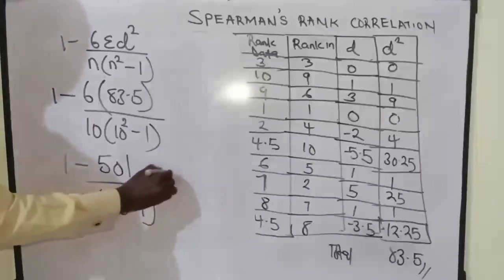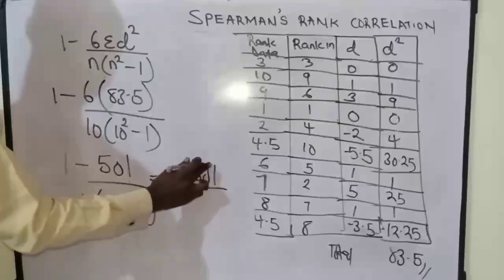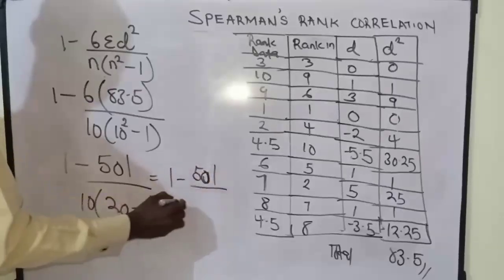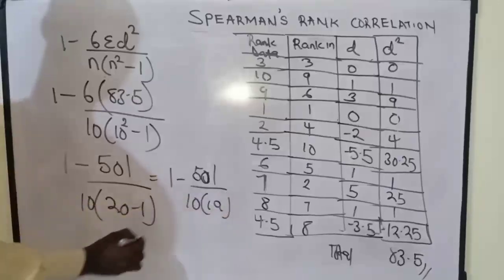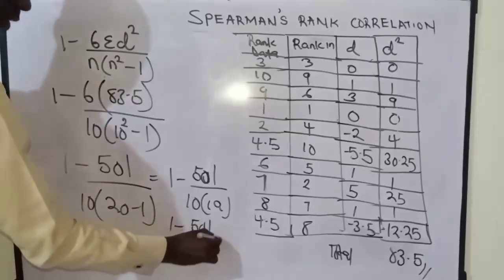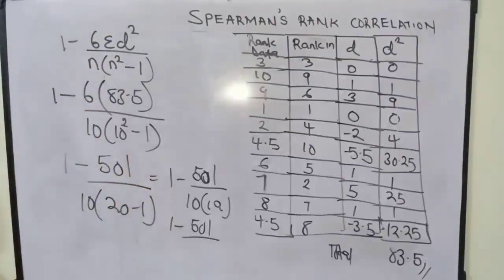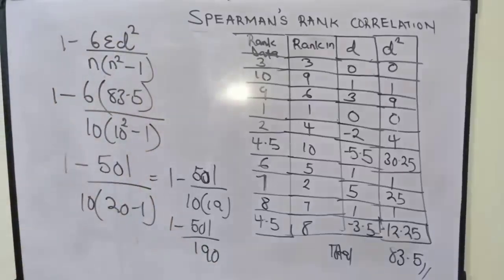So this will be 1 minus 501 divided by 10, open the bracket of 19. 10 multiplied by 19 is 190.